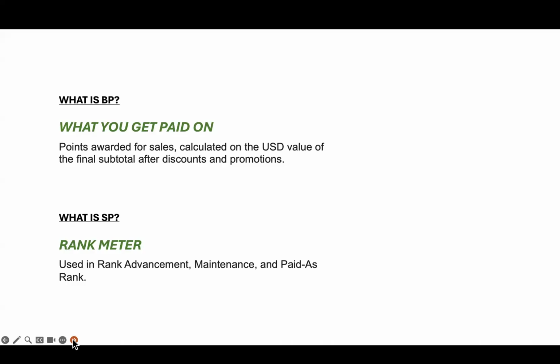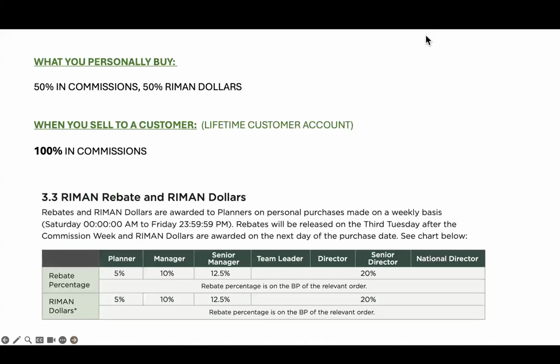It's used in rank advancement, maintenance, and paid as rank status. So SP is to calculate how we get promoted, unlocking money, knowing what rank we are, what pay grade we are. BP is pretty much what we get paid on. That's our commissionable sales.